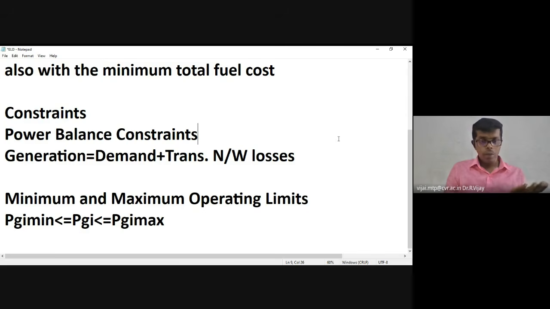You are wasting the water if you run at low speed. You will not get efficiency, so whatever generation is happening is of no use.